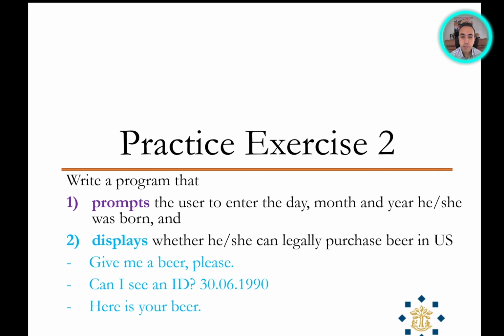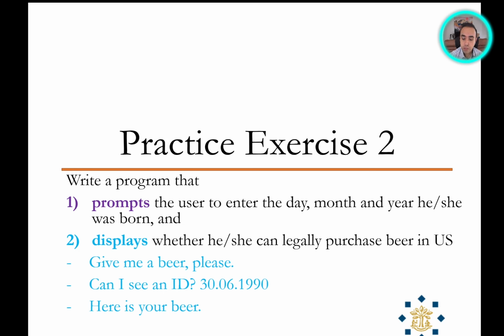All right, so the second practice exercise. Now we are asked to write a program that prompts the user to enter the date, day, month, and year that they were born. And then afterwards, you're going to display whether he or she can legally purchase beer in the United States.